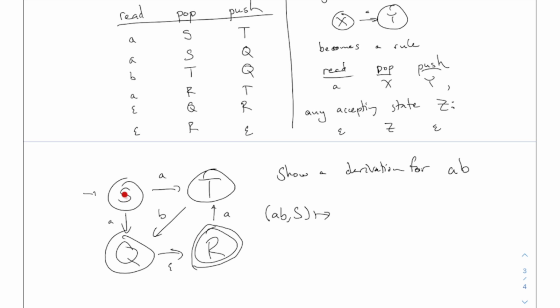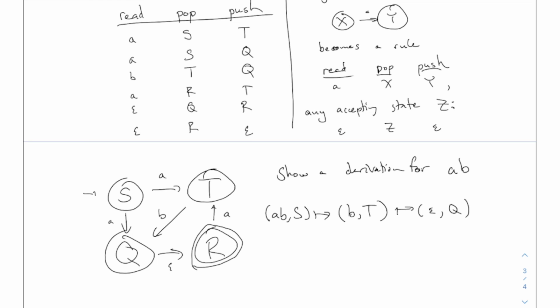So on the diagram, I start in S, and I would do A first over to T. And so that's the first rule I'm going to use, which is read A, pop S, push T. So it becomes now B, T. Next on the diagram, I would do that B edge, the diagonal one. So I do the corresponding stack rule: read B, pop T, push Q. So it's going to go to now epsilon, Q, right?